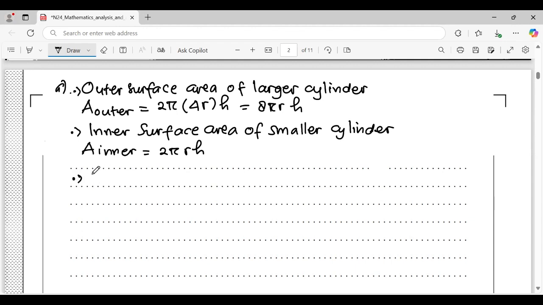And the third is the top and bottom surface area.